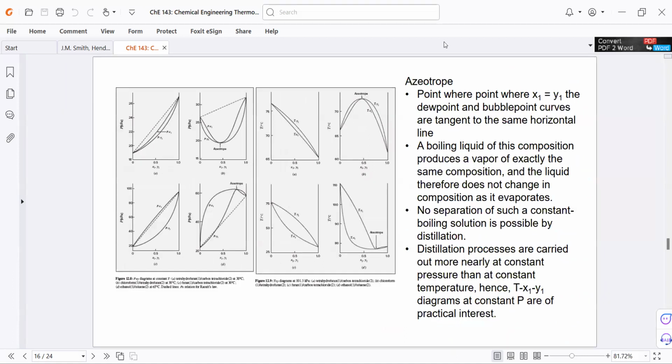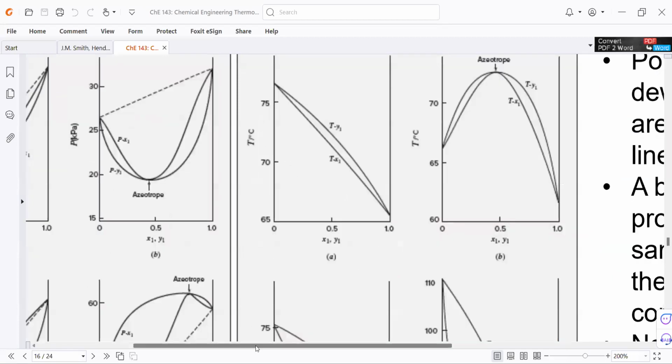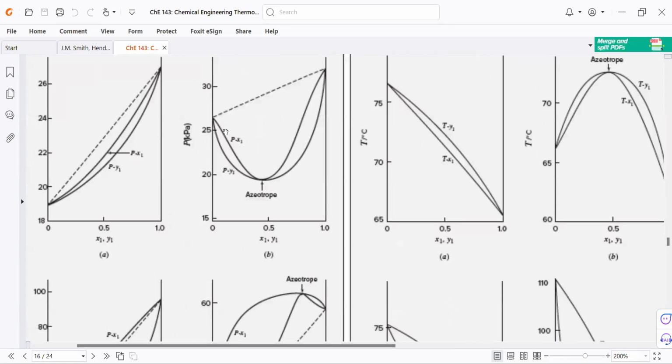When that happens, as here in figure B, the Px curve experiences a dip, and the Py curve also has a minimum at the same point, where x1 is equal to y1. It means that the dew point and bubble point curves are tangent to the same horizontal line.